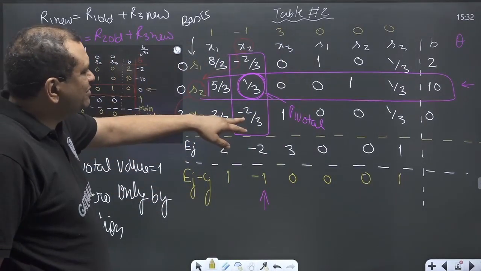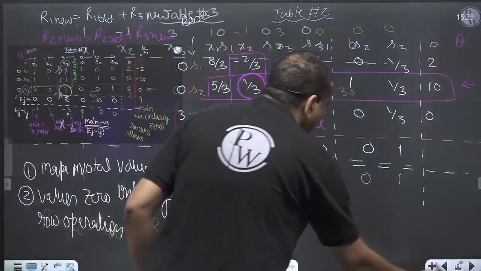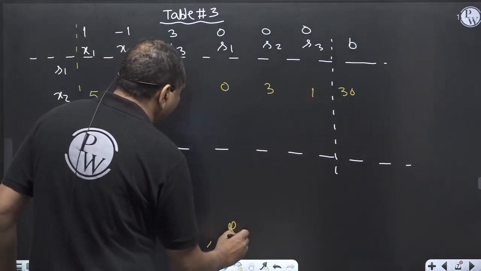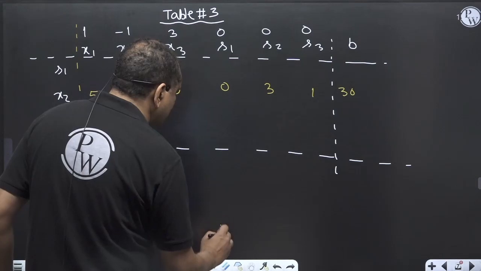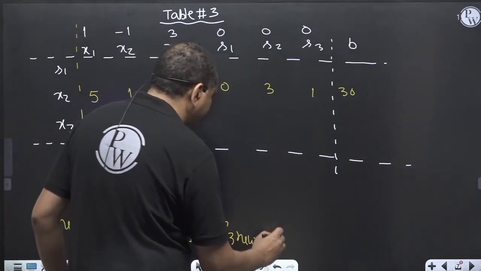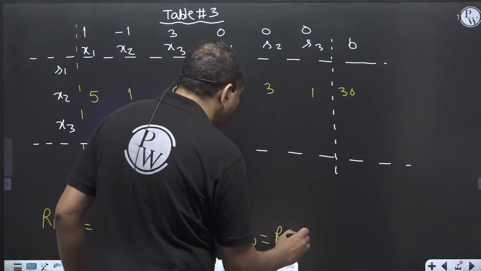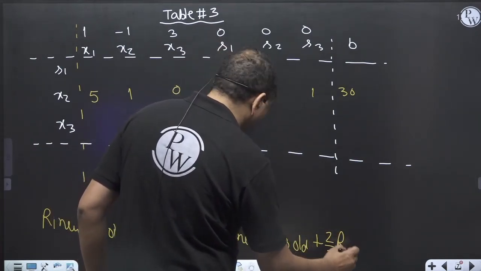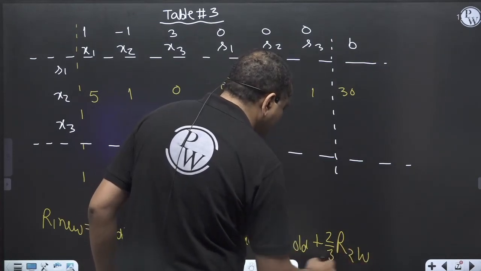This is also minus 2 by 3. So same operation I will do in the third row. R3 new plus 2 by 3 R2 new.